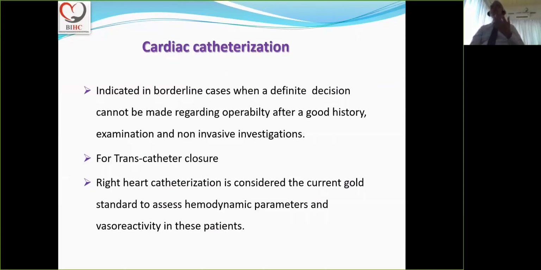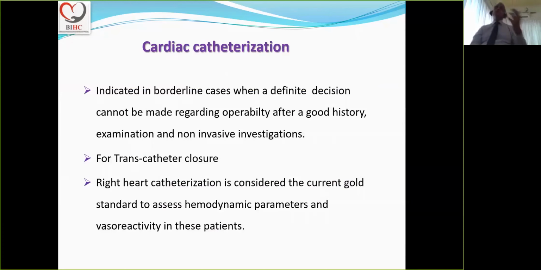You may occasionally do a cardiac cath in cases of a large VSD. This is indicated in borderline cases when a definite decision cannot be made regarding operability after a good history, examination, and non-invasive investigation.